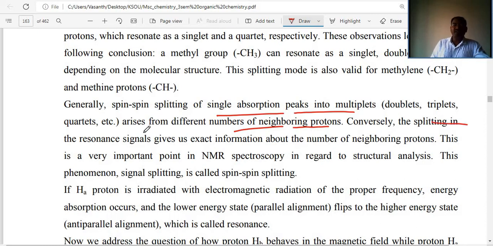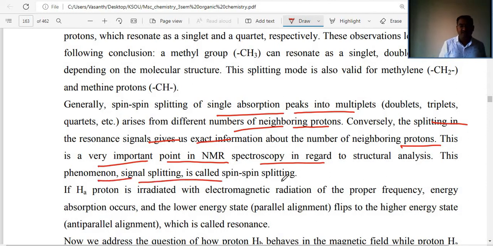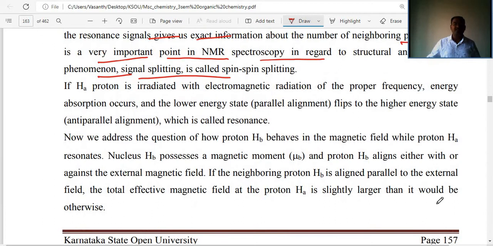Conversely, the splitting in the resonance signal gives us exact information about the number of neighboring protons. This is a very important point in NMR spectroscopy in regard to structural analysis. This phenomenon, signal splitting, is called spin-spin splitting. We consider examples for that.